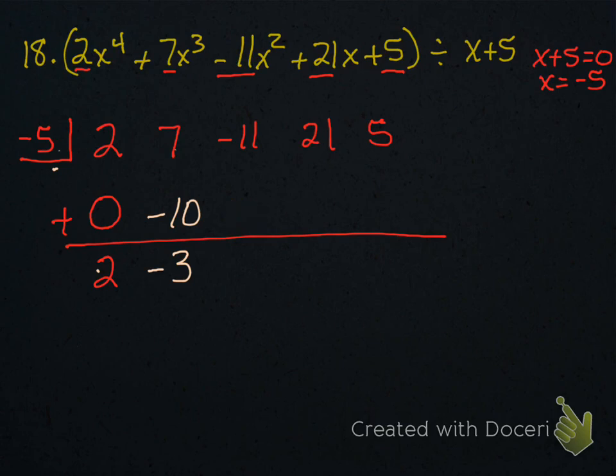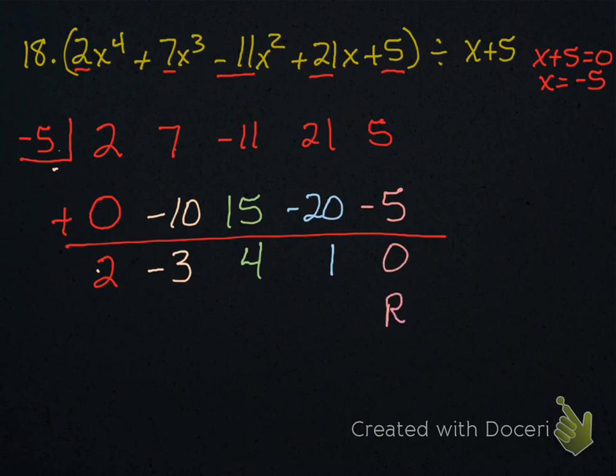Let's change colors. Negative 11 plus 15 is positive 4. Negative 5 times 4 is negative 20. 21 minus 20 is 1. Negative 5 times 1 is negative 5. 5 minus 5 is 0.